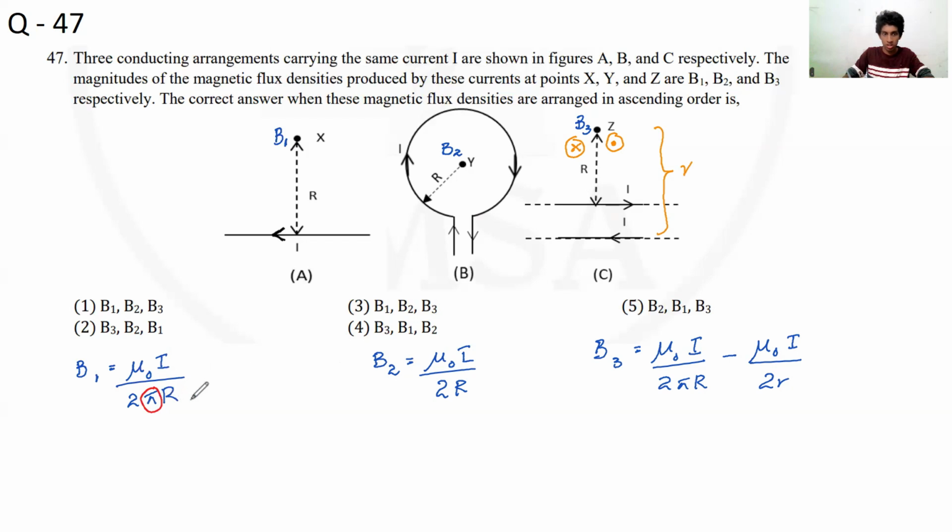So in B1, the denominator is greater than that in B2. Therefore, B1 is less than B2. Now we can compare B1 and B3. Here you can obviously see that because of this term in B3, B3 should be less than B1. So therefore, when we arrange these magnetic flux densities in the ascending order, the correct answer is the fourth one.